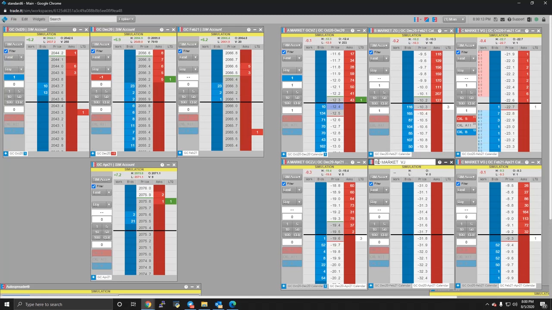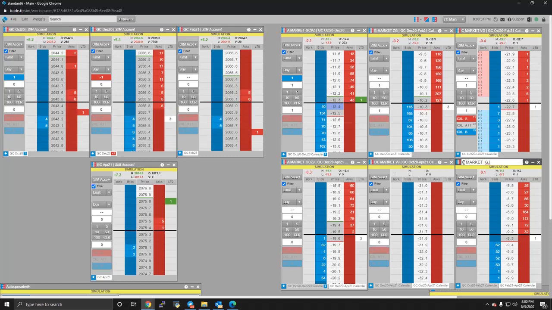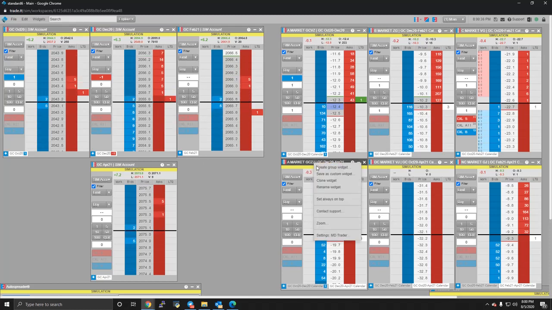It's going to be the double C market, and this is going to be the GJ new C market. This is going to be the new B.